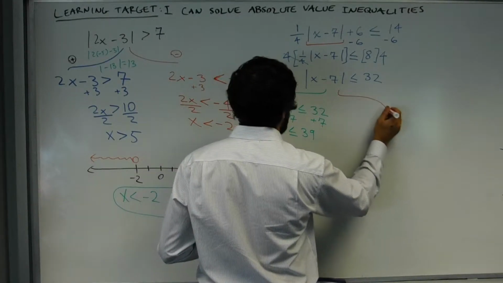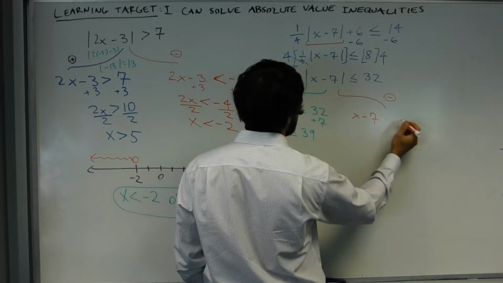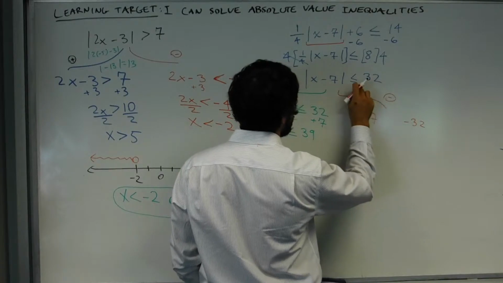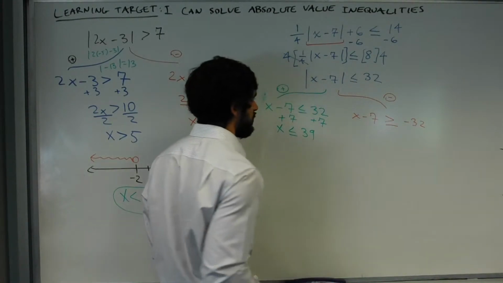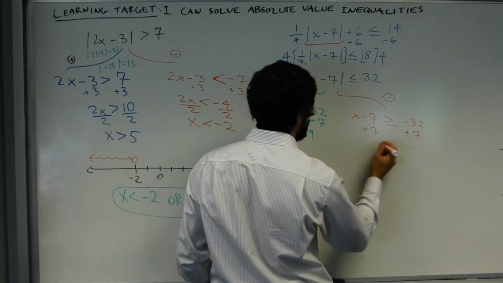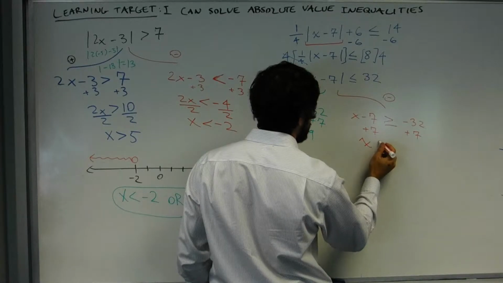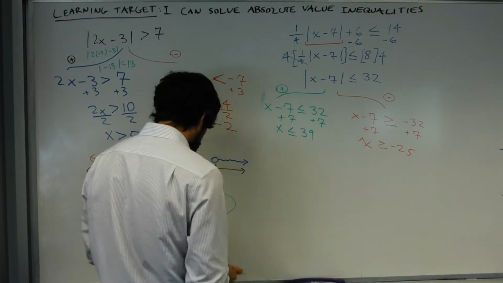In our negative case, we get x minus 7 is a negative 32. Remember, we need to flip that sign so we get a greater than or equal to. We add 7 to each side and get x is greater than or equal to negative 25.